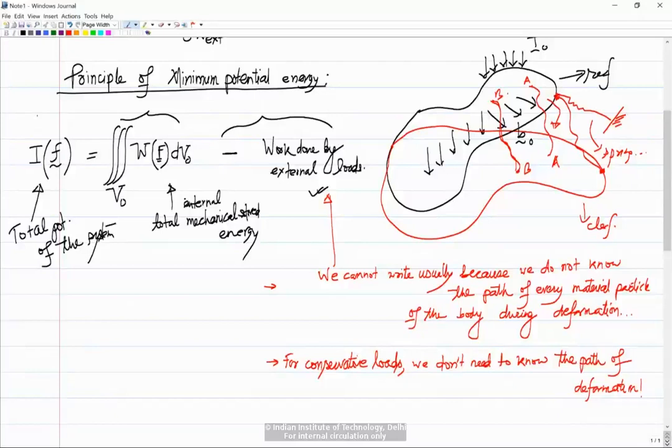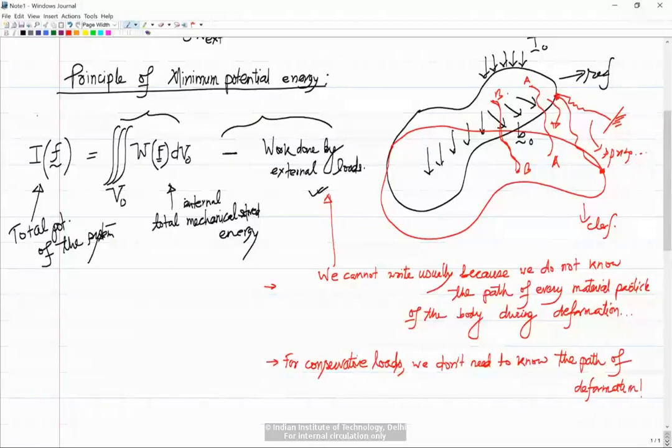If you are doing dynamics, then you can find the deformation map. For statics, when you are applying a load and you want to know what is the final configuration, it is irrelevant to find out the path of deformation, right?